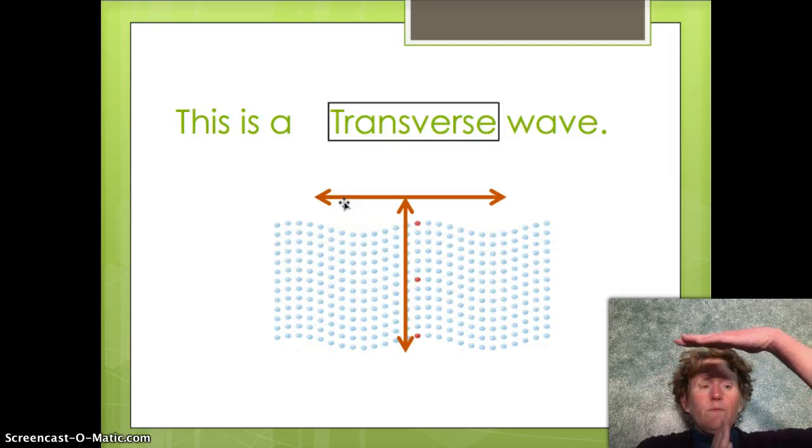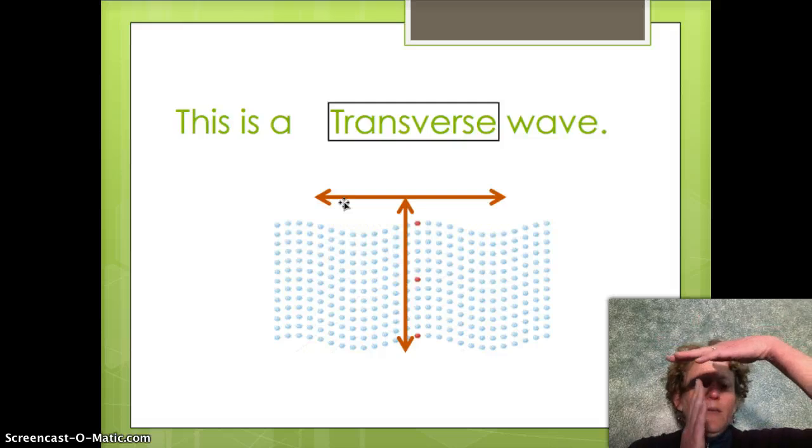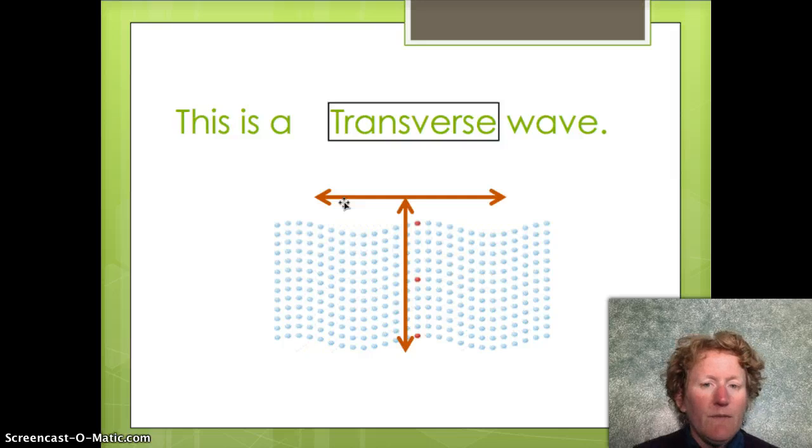The particles move this way, the wave's going this way, or could be the other way around too. The wave could be moving this way and the particles this way, but they're perpendicular, and perpendicular makes a T. So T for transverse, where the particles are moving in a perpendicular direction to the way the wave is traveling.